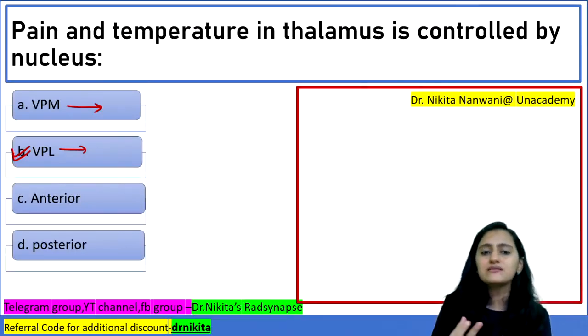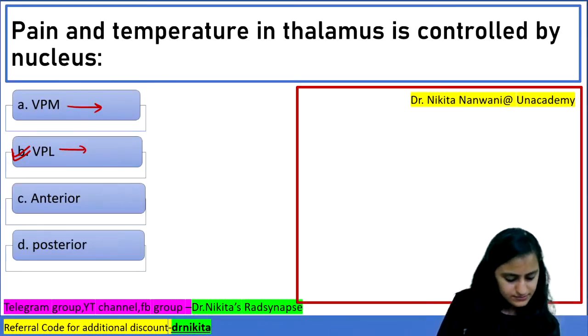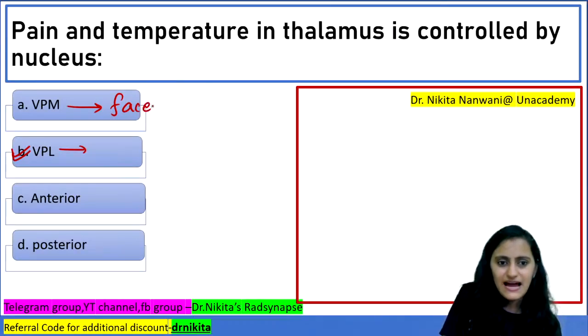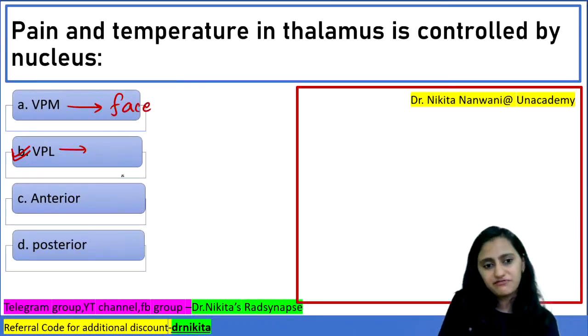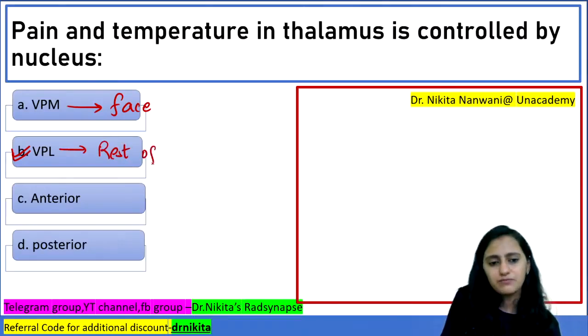So if ventral posterolateral is your pain and temperature, what is ventral posteromedial for? Ventral posteromedial receives sensations from which part of the body? Remember that ventral posteromedial is for the sensations from the face, and ventral posterolateral is for the rest of the body.